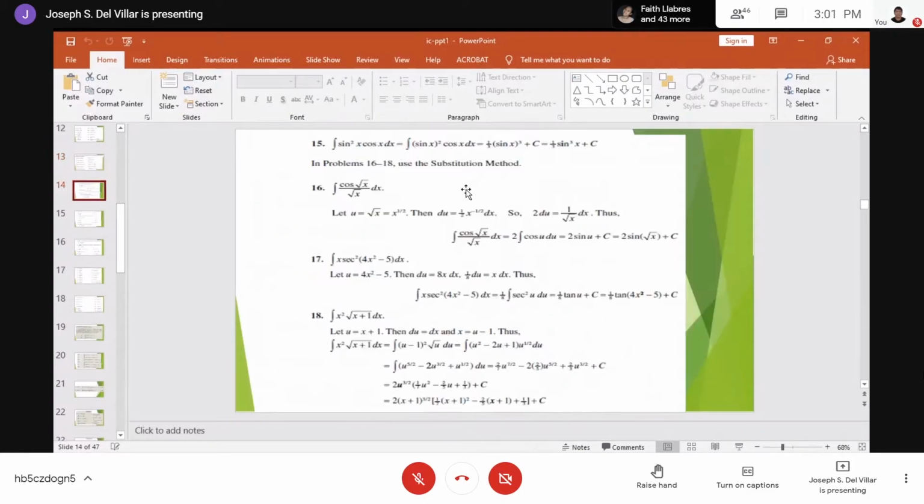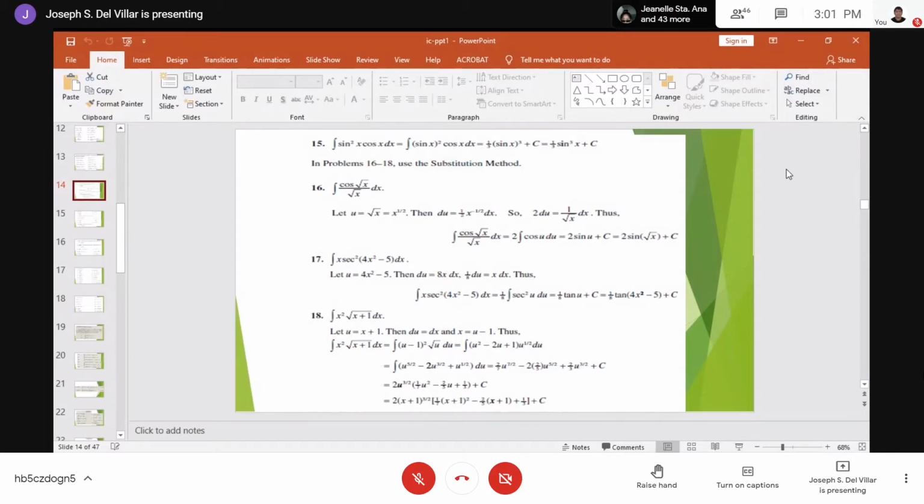Now question, why is that the answer? Why negative 1/3 sine x cubed plus c? Power formula. Yes, the power formula was applied.